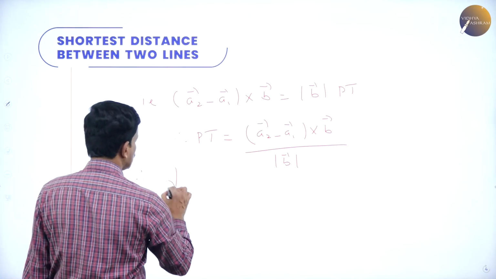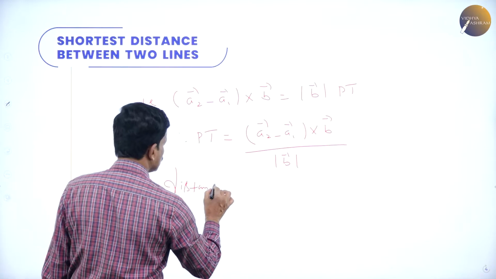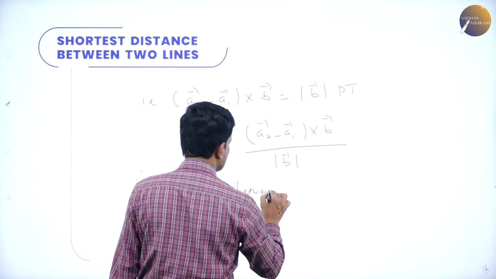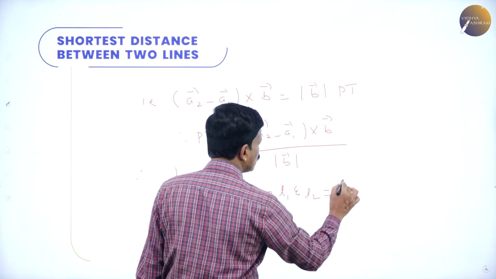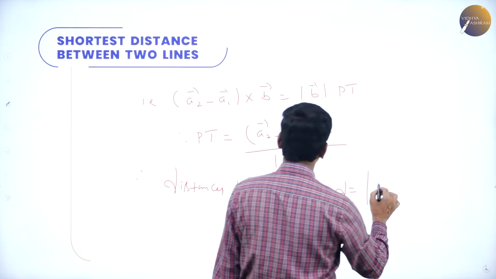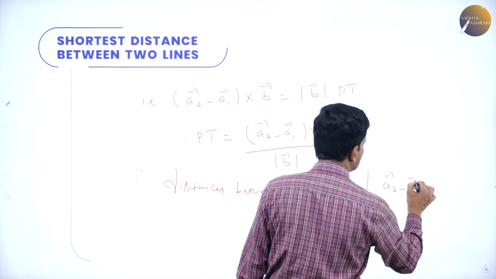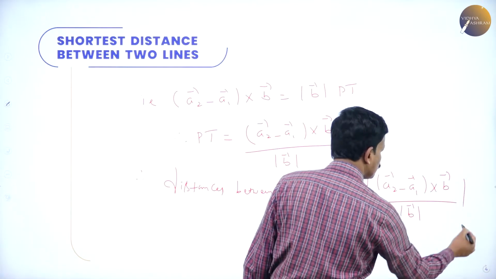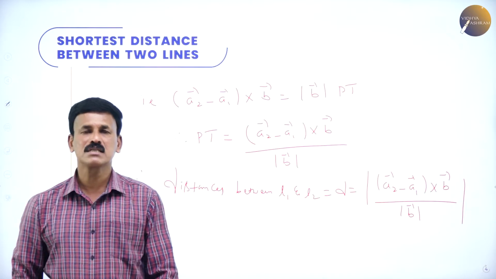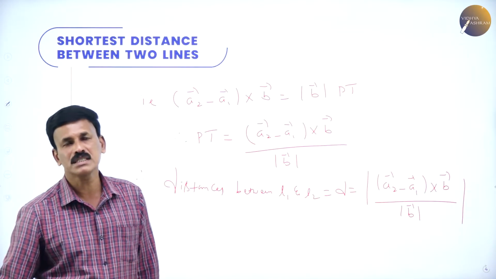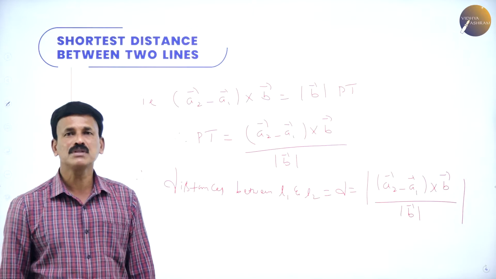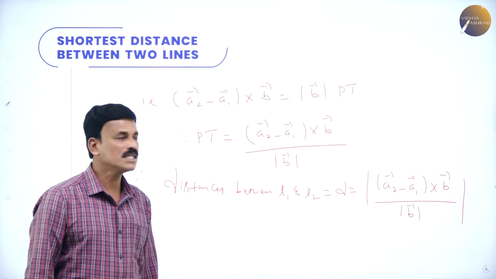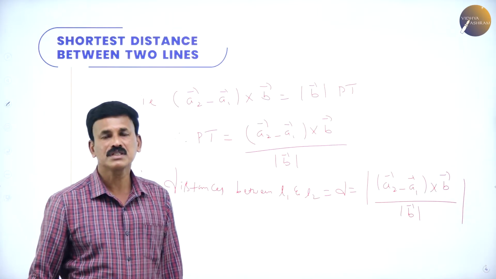Therefore the distance between the lines L1 and L2 is given by d is equal to the magnitude of (a2 minus a1) cross vector b divided by the length of vector b. This is the perpendicular distance between the two parallel lines L1 and L2.